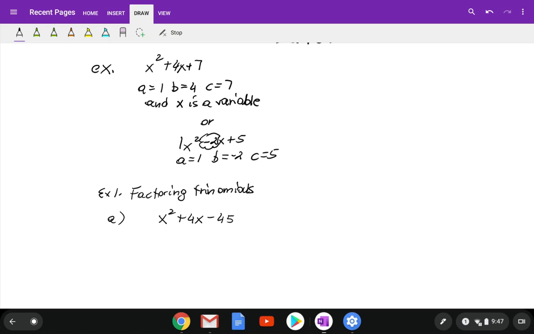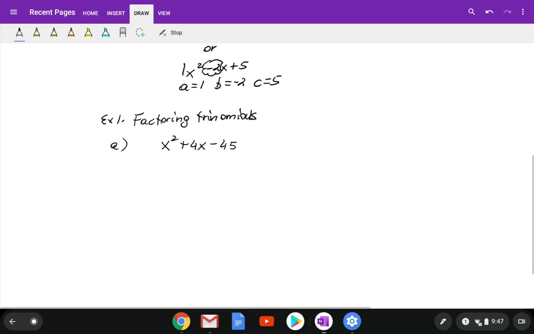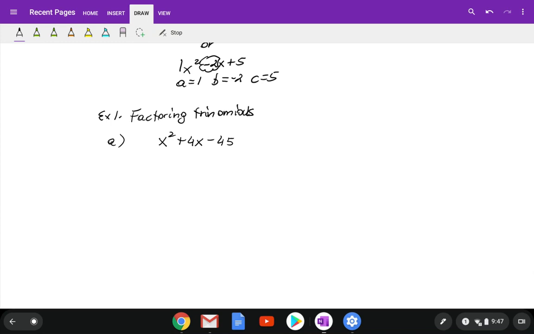What we need to do is rewrite this polynomial in factored form. If you apply the distributive property, you should end up with x squared plus 4x minus 45. So a is equal to 1, b is equal to 4, c is equal to negative 45. I'm going to write down all the steps, how I factor those trinomials.